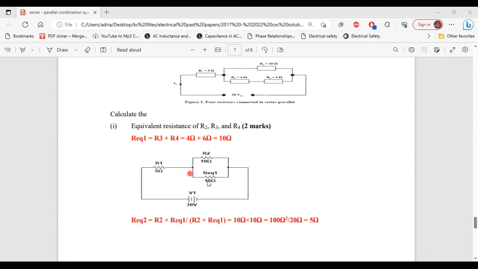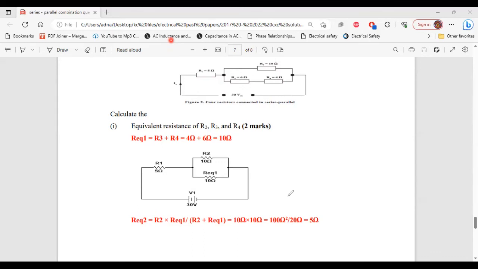Seeing that there are two resistors in parallel, we're going to use the product over sum method. So Req2 is equal to R2 multiplied by Req1 divided by R2 plus Req1, equal to 10 ohm times 10 ohm divided by 10 ohm plus 10 ohm. That will give us 100 ohm squared divided by 20 ohm, and that will equal 5 ohm.